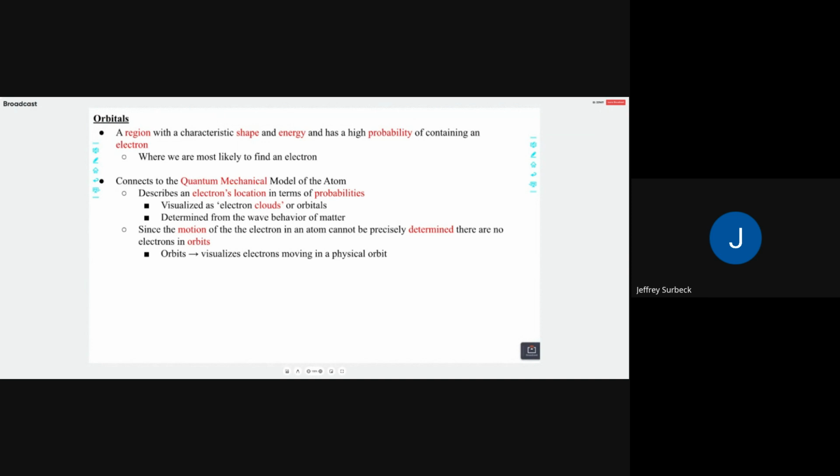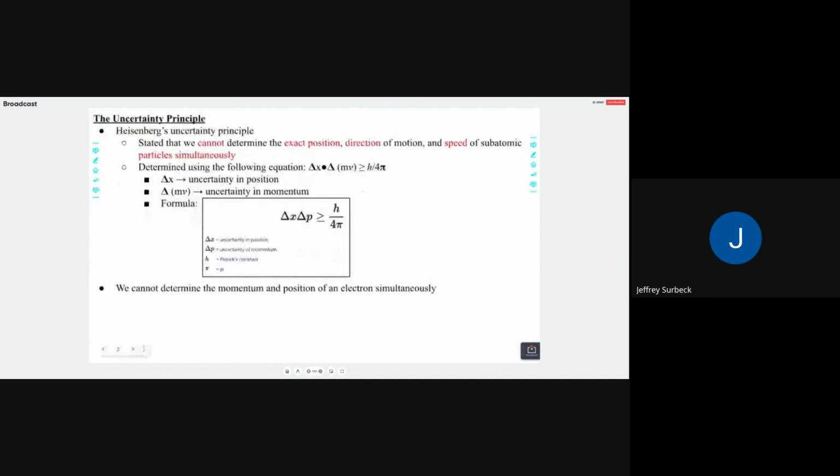What happens with this is we need to take a look at the physics and the math concepts that are going to describe how we get these specific shapes. So we first start looking here at our Heisenberg uncertainty principle. You have to remember that in the 1910s and 20s, when all this information is coming out, there are some questions.